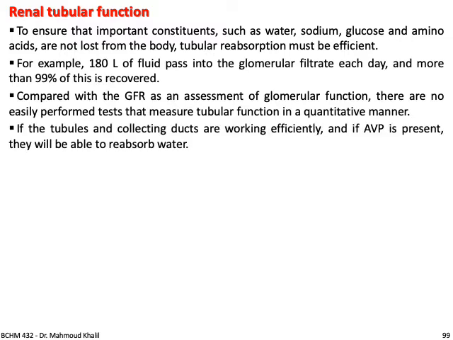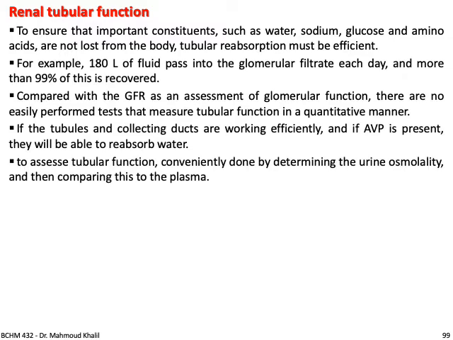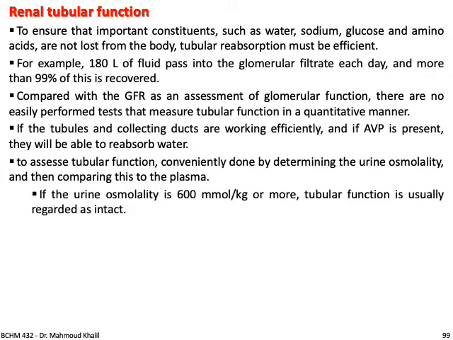If the tubules and the collecting ducts are working efficiently, and if ADH is present, they will be able to reabsorb water. Tubular function is conveniently assessed by determining the urine osmolality and then comparing this to the plasma.